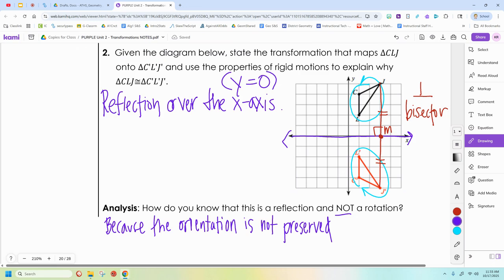But here it says use the properties of rigid motion to explain why triangle CLJ is congruent to triangle C prime L prime J prime. Here we go. So new sentence. Triangle CLJ is congruent to triangle C prime L prime J prime.